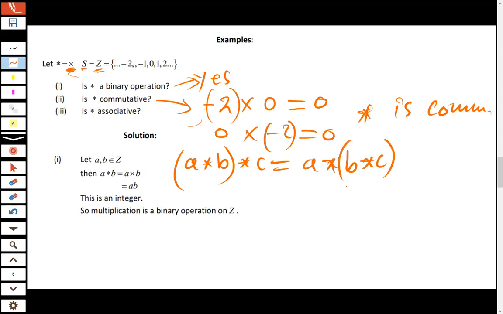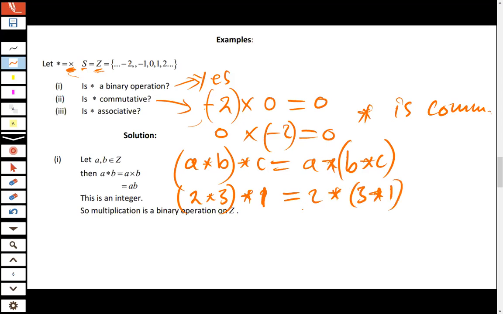You also go to the right-hand side, you try it. So let's pick three numbers from this set. We can pick any three integers. We can pick 2, and then maybe 3, and 1. Let us now change the arrangement of brackets.